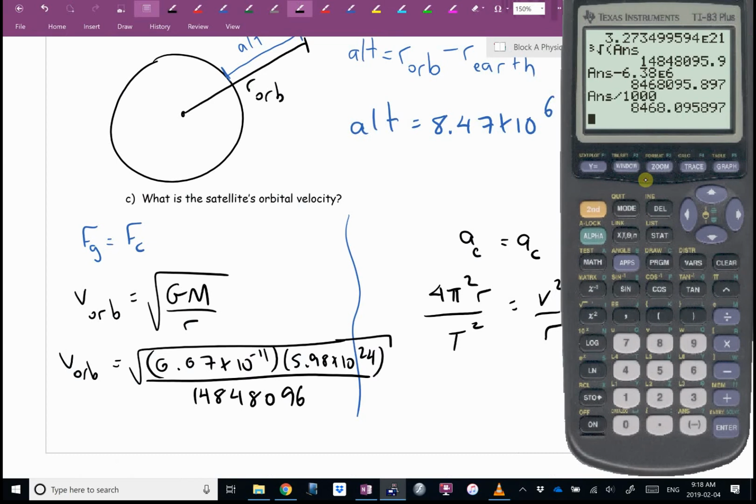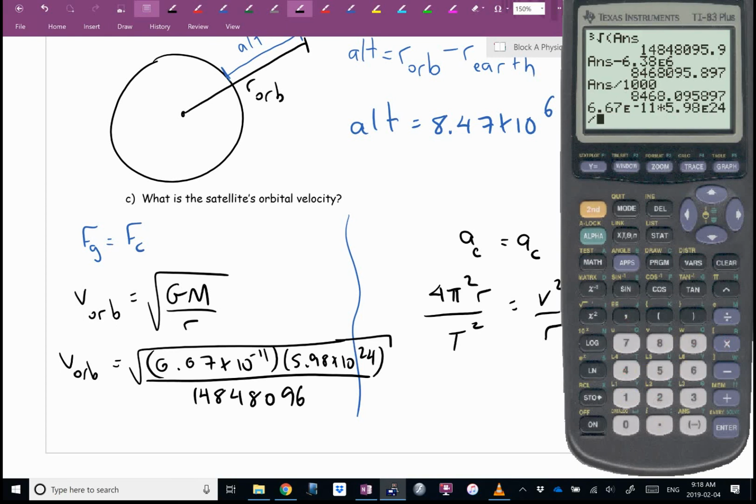Oh, by the way, I should change that to orbital speed, because velocity should have a direction, tangent to the radius, I guess. But 6.67 times 10 to the negative 11 times 5.98 times 10 to the 24th divided by 1.4848096, square root of that.